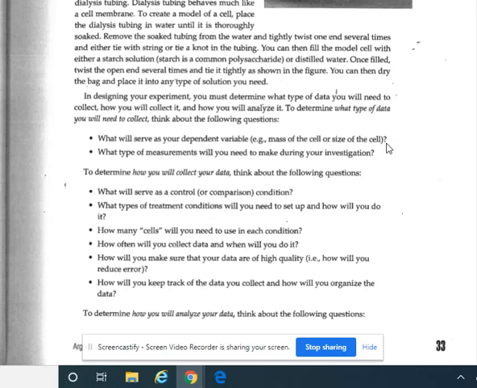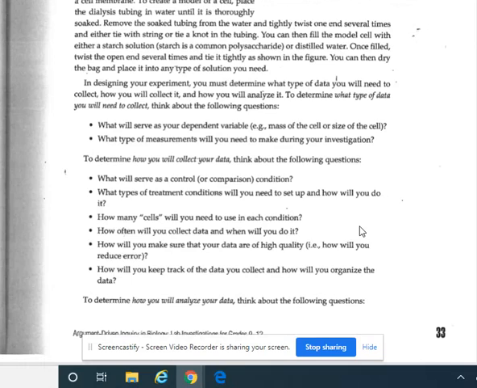Is it going to be easier to get the mass and just put your sample on a balance? Or are you going to somehow measure the circumference using maybe string and a ruler? What type of measurements will you need to make during your investigation? Again, are you going to go for mass? Are you going for grams? Are you going to go for diameter and maybe measure either millimeters or centimeters?